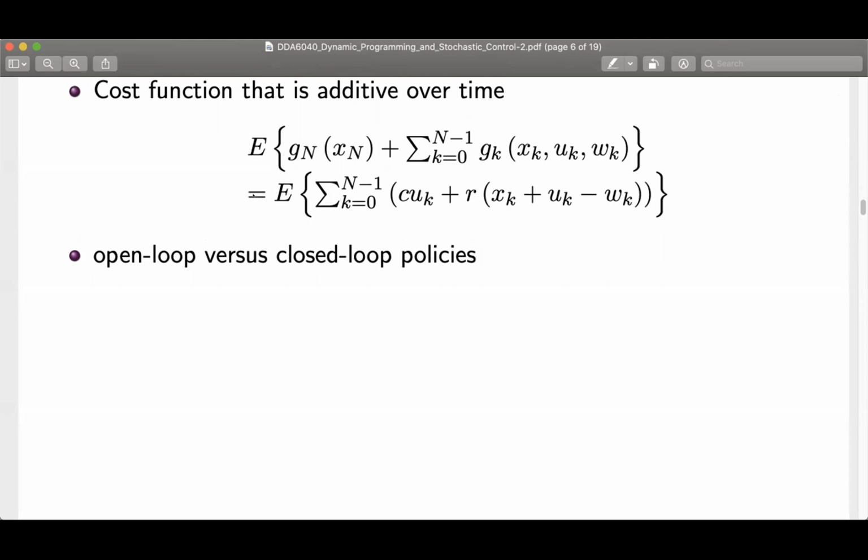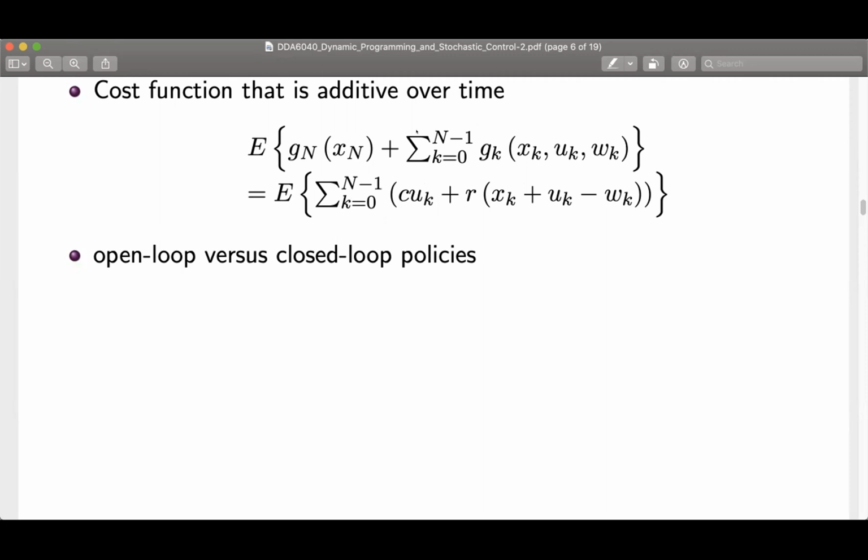So in the open loop policies, the cost function is quite simple. You just take the expectation, because you know the distribution of omega_k, and the total cost becomes a function of u_0, u_1, dot dot dot, until u_{n-1}. So you can use a nonlinear optimization algorithm to solve this problem.